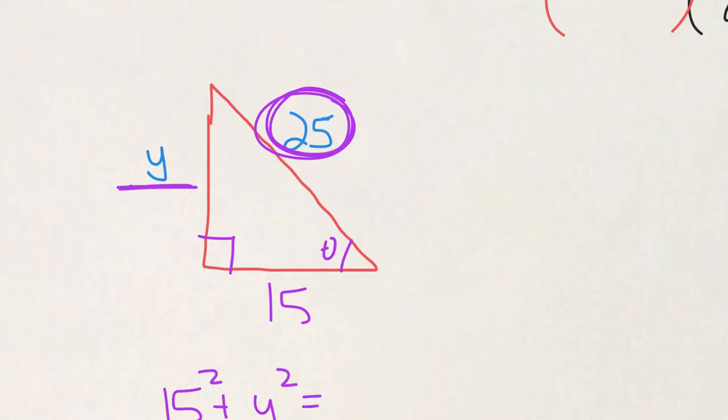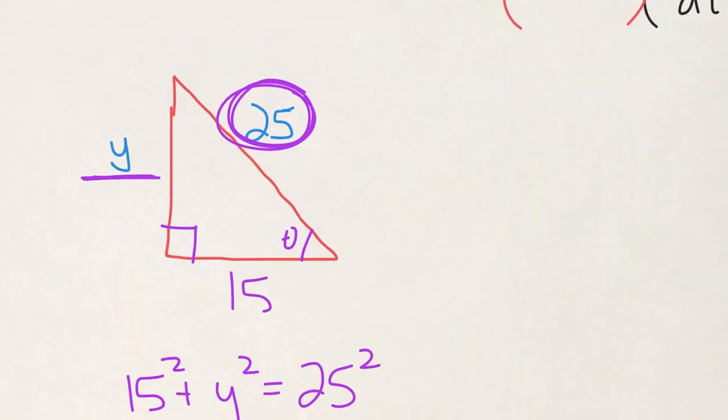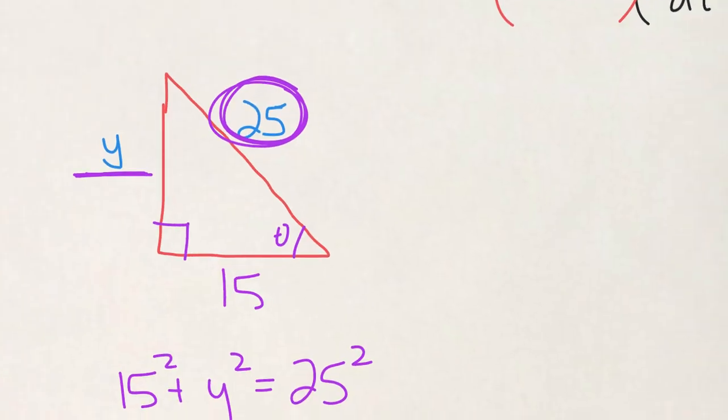15 squared plus y squared equals 25 squared. This happens in every single problem. We're going to have to figure out what our third missing side is so we can write down our trig ratio. According to Pythagoras, that means I have a vertical side of 20. 15, 20, 25 is an iteration of our 3, 4, 5 triangle: 3 times 5, 4 times 5, 5 times 5.